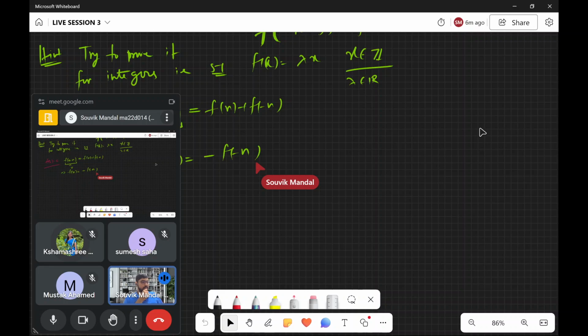So what we have done is that the same answer holds for negative naturals. So now it is sufficient only to show that this equals lambda n. Right? Now try to use the additivity. Good try. Now try to use the additivity.